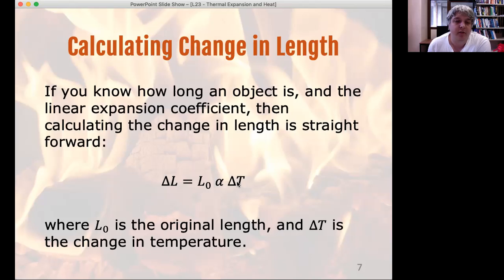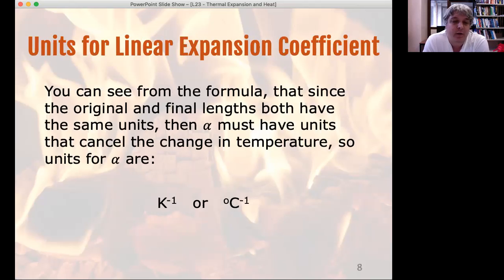But we've got a temperature on this side, and we don't want a temperature because there's no temperature on the left side, so the alpha dimension must cancel that temperature dimension, so alpha must be temperature to the -1, or 1 over temperature dimensions, and indeed that's exactly what it is. So it's either Kelvin to the -1 or Celsius to the -1, depending on what your temperature measurement is in. But remember that Kelvin and Celsius, if we're talking about a change in temperature, which is what we're talking about for linear expansion, are going to be the same value anyway, so it doesn't actually matter which of these values you use.